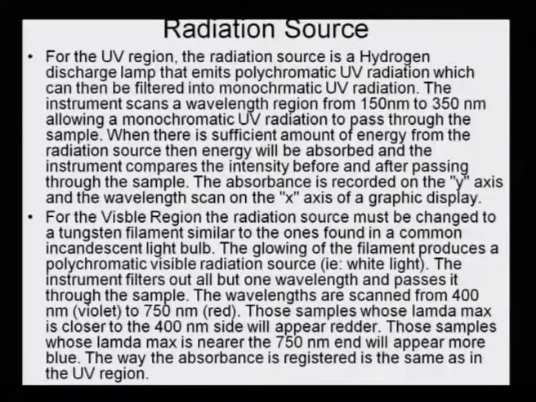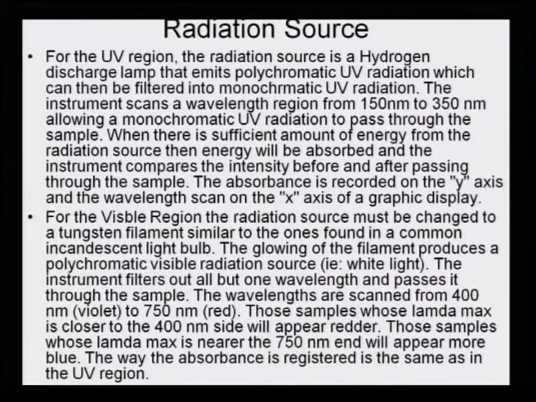For the visible region, the radiation source must be changed to a tungsten filament, similar to ones found in the common incandescent light bulb. The glowing of the filament produces a polychromatic visible radiation source, that is the white light. The instrument filters out all but one wavelength and passes it to the sample.